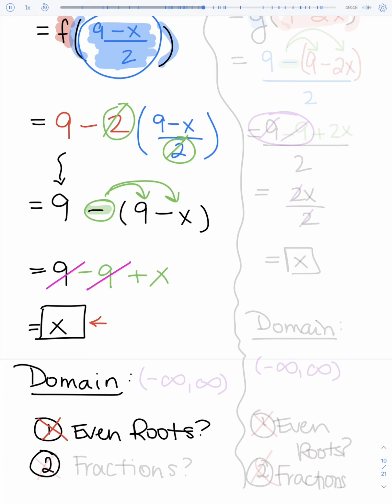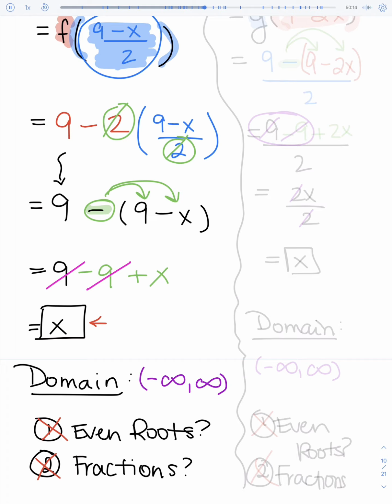My second question would be, do I have any fractions? Absolutely not. So I'm not worried about that either. So remember, if I don't have any issues, which I don't, numbers 1 and 2 don't even pop up as an issue. That means my domain is negative infinity to infinity, meaning I can plug in anything I want. And that's it for problem A.